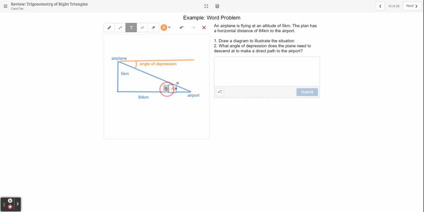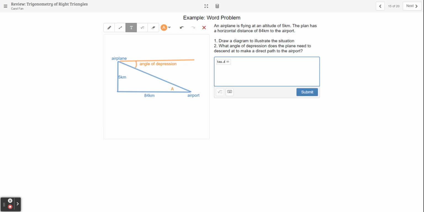So since angle A is actually within my triangle, I'm going to use this as my working angle. If this is my working angle, I have 5 kilometers as my opposite and 84 as my adjacent. That means we're going to be using the tangent ratio.